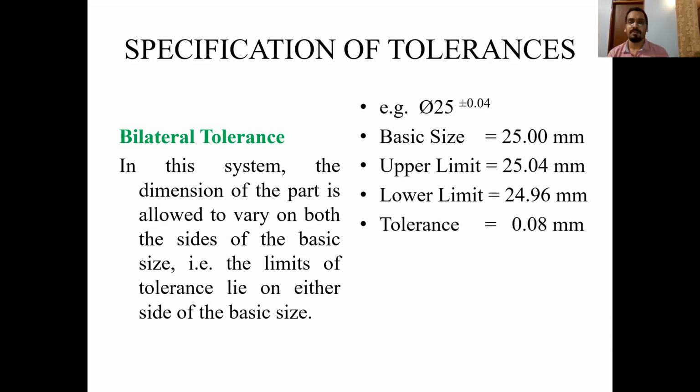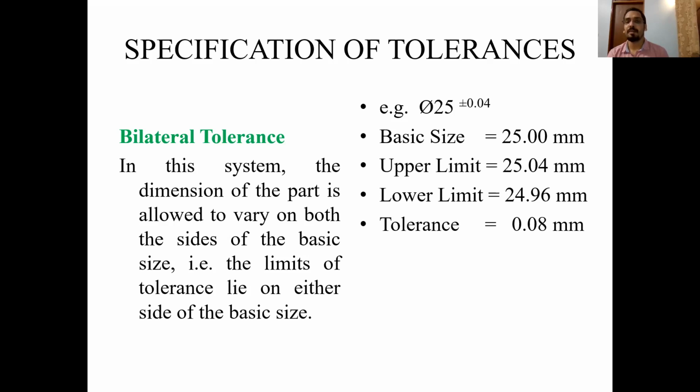This is an example of bilateral tolerance. Let us consider a shaft of 25 plus minus 0.04. So what will be the basic size in this question? The basic size will be 25 mm and the upper limit will be 25 plus 0.04, that will be 25.04 mm, and the lower limit will be 25 minus 0.04, that is 24.96 mm.